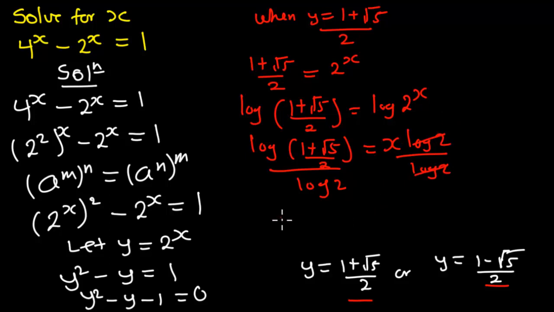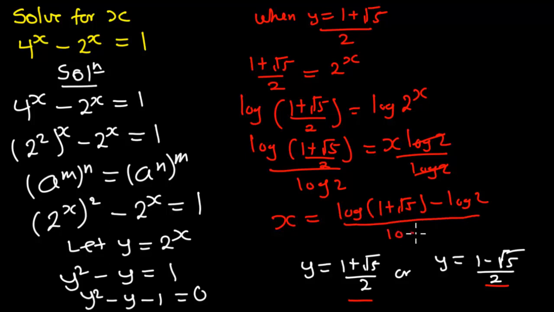And so from here, we are going to have x equal to, now you can rewrite this as log of 1 plus root 5 minus log of 2, all over log of 2. Here we use the laws of logarithm to split this up. So here is how we can rewrite this according to the laws of logarithm. Now let me clean this side.